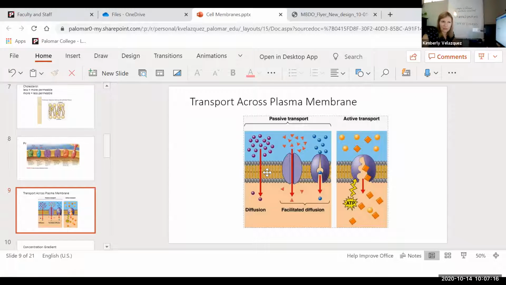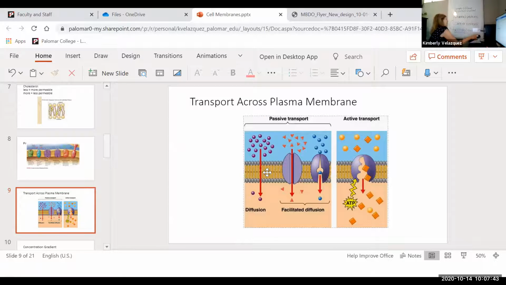But if a protein is required to get that molecule across, because it can't just diffuse across those gaps in the phospholipids, then we call that facilitated diffusion. Facilitated diffusion is going to require proteins, one of those two categories: either a channel protein or a carrier protein.